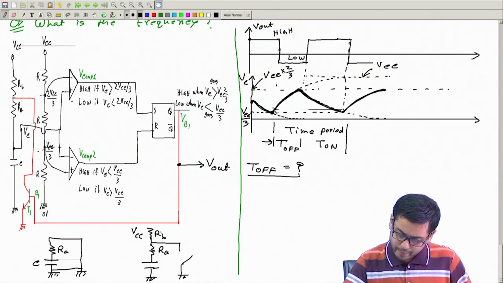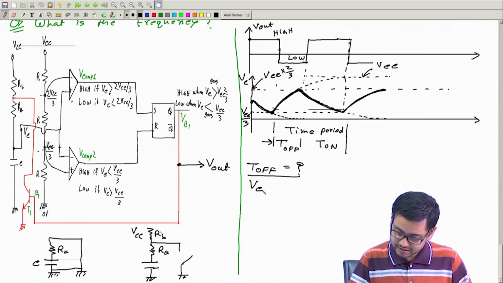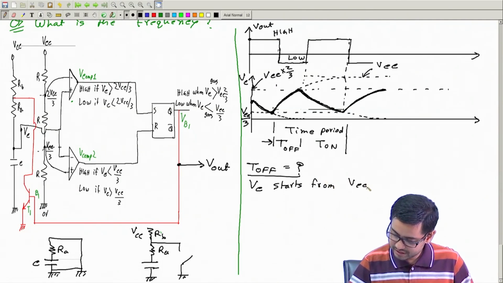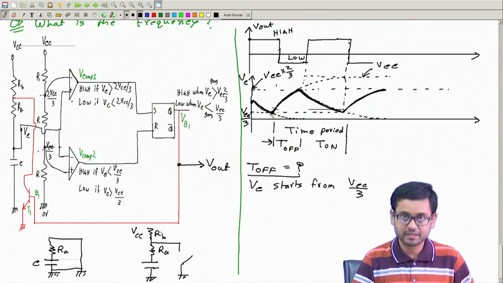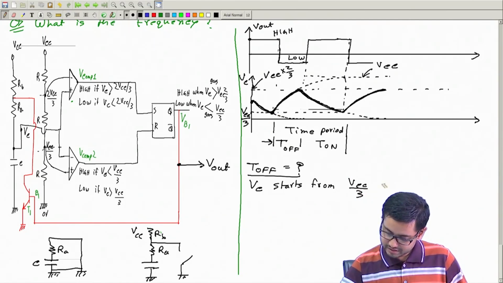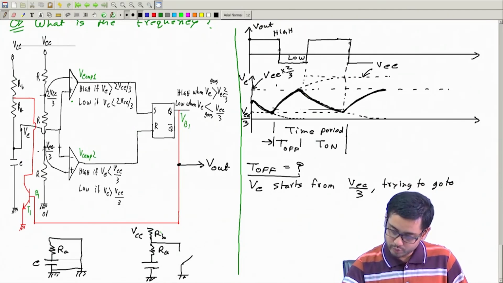So you see the capacitor is starting. So Vc starts from VCC by 3 and it is trying to go to what value?